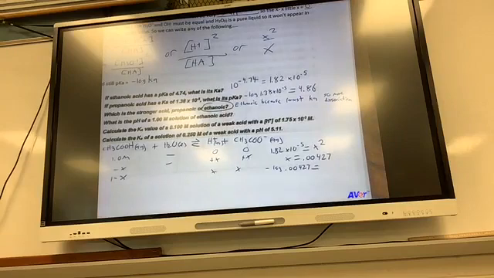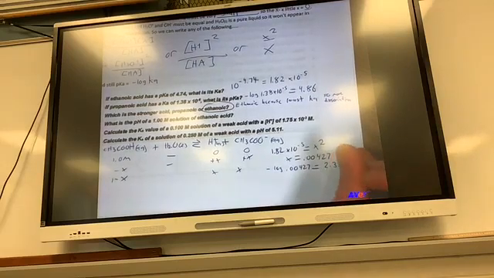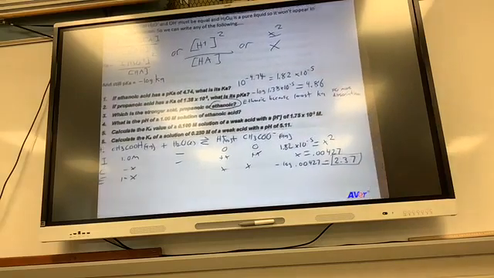For the X value, why don't you just plug that back into the 1 minus X? I don't care about this, I only care about my concentration of H plus. Yeah, go ahead. So you sub that in, what do you get? 2.37.